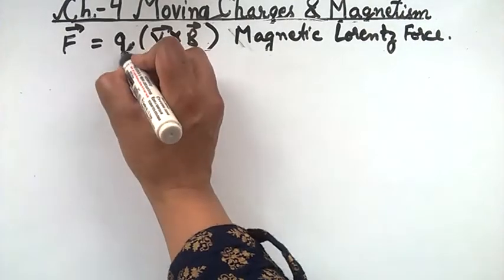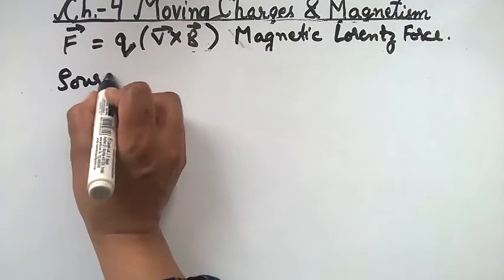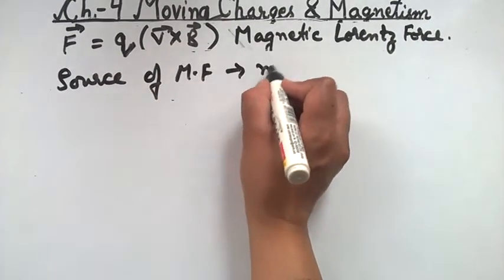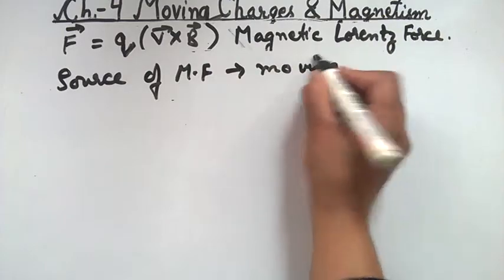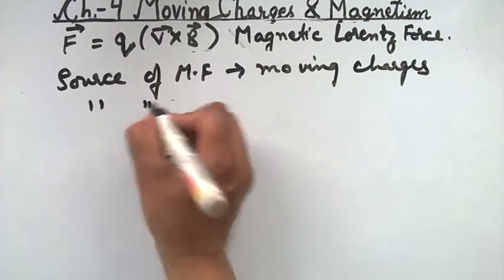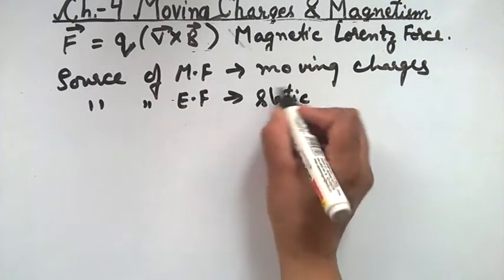That is, by this we can conclude that source of magnetic field is only moving charges, whereas source of electric field is static as well as moving charges.